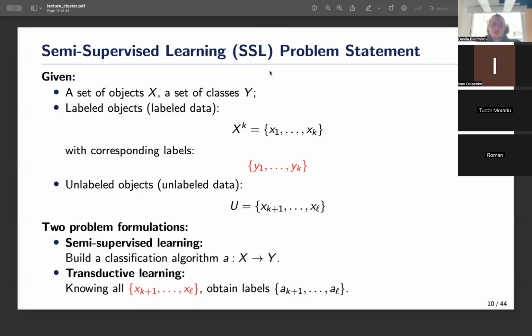The predefined set of objects directly connects transductive learning to clustering, as we have complete knowledge of the entire unlabeled dataset. And this global knowledge can help us in classification or clusterization. The key characteristic of transductive learning is that no new objects will appear.